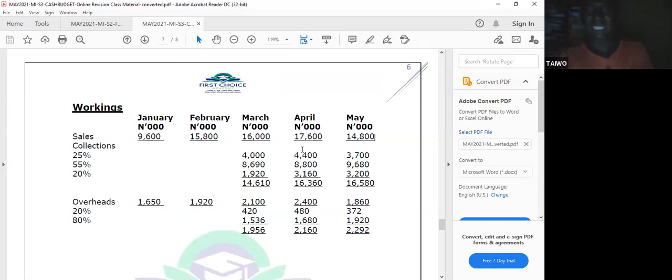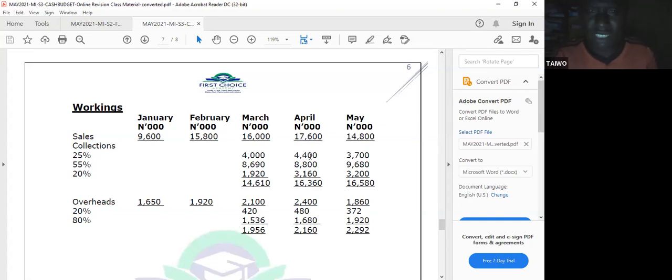So let me do one more. April. How much total sales in April? 17.6. But you know that 25% of 17.6 will be received in that month. That's 0.25 times 17,600, which is 4,400.